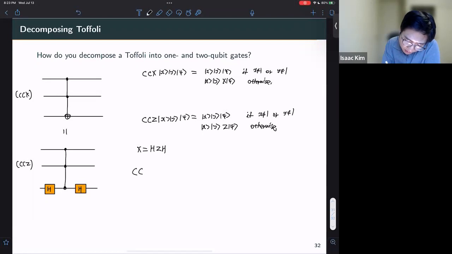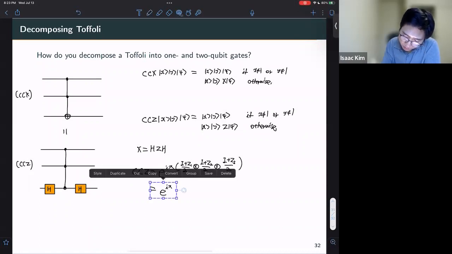So the CCZ is equal to the exponential of i pi times a tensor product. I'm going to make the following claim.